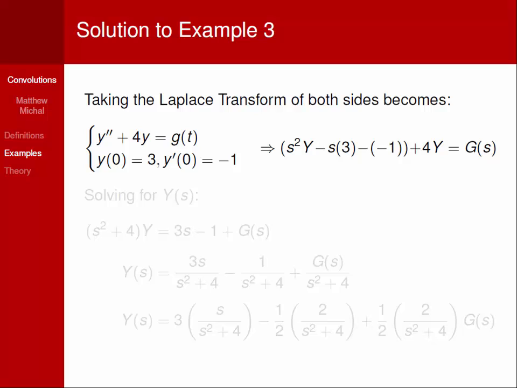Solving for big Y of s, I move all my non-big Y's to the right-hand side. So I get, and factor out, (s squared plus 4) big Y is equal to 3s minus 1 plus G of s. As always, I'm going to divide by the s squared plus 4.